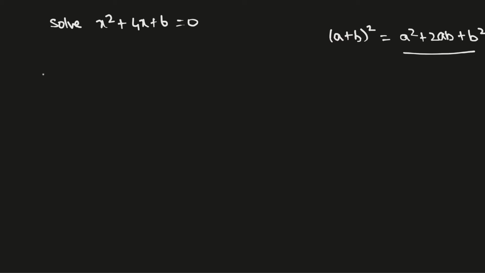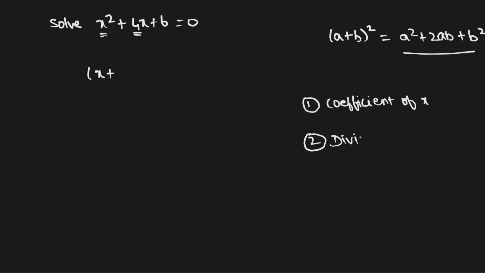The first step is that we have to write x here. Put a bracket and write x. The first step is finding the coefficient of x, and the second step is to divide the coefficient of x by 2.